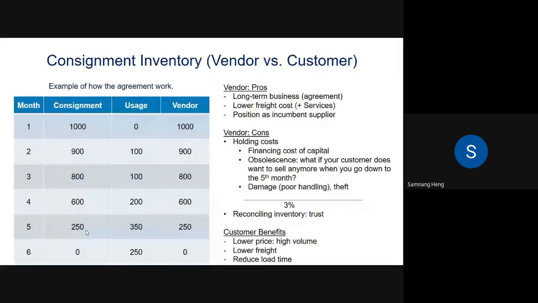Another point is what we call reconciling inventory. We call it trust. Again, if you want to establish a consignment agreement with the customer, you need to make sure you trust them. You need to ask for a copy of their business license registration or whatever.